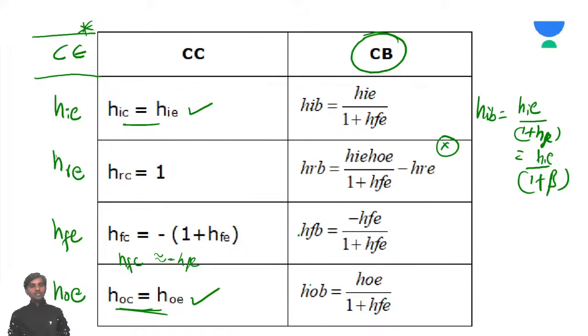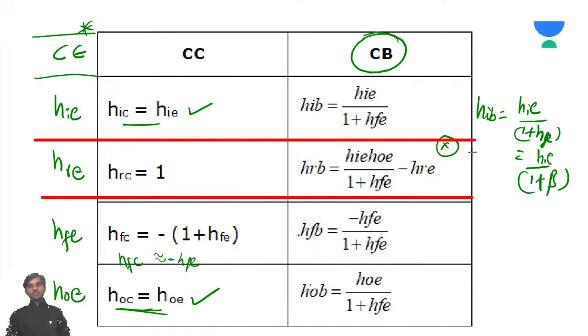We have only a problem with this HOE. The remaining three are almost the same. The only thing is you have to divide it. So for common emitter to common collector, all three are the same.